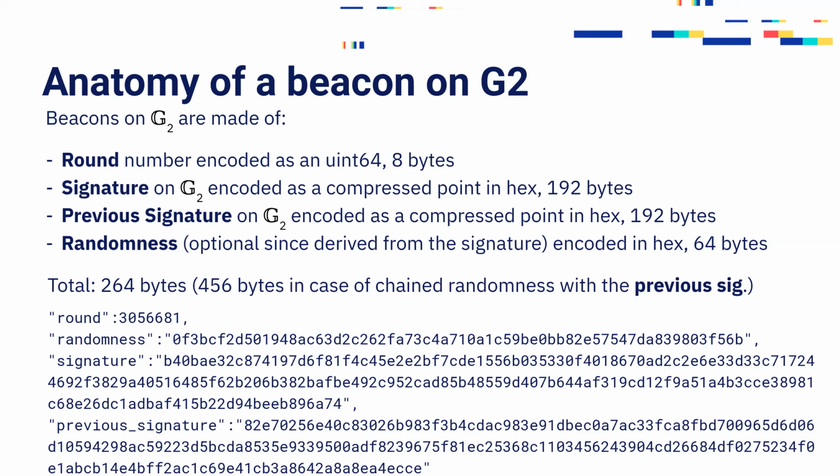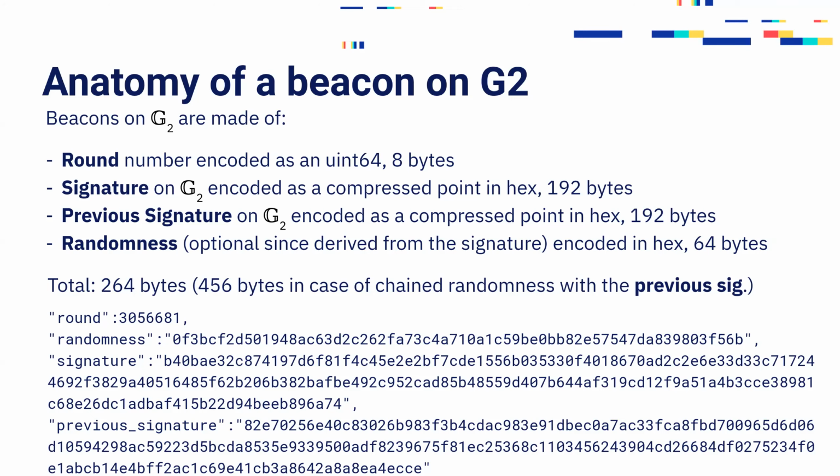So the signature is represented on G2, which is a group of an elliptic curve. It's an elliptic curve subgroup. And that means it has an algebraic structure. So it's not uniformly distributed on all the possible byte strings. So what we do is we take that, because it's still uniformly distributed amongst all the possible signatures by definition of a safe and secure signature scheme.